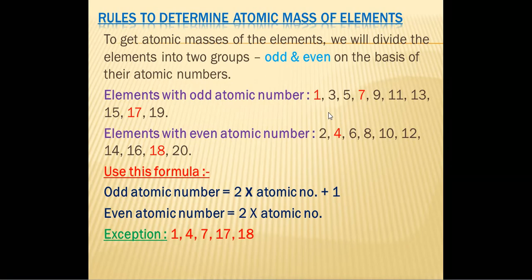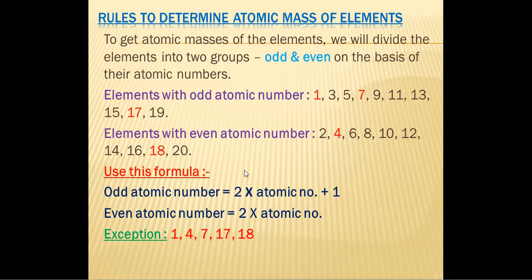Everything has some exception. Here also, for calculating the atomic mass, we have an exception for elements having atomic number 1, 7, 17, 4 and 18. For these elements we have a different rule. Otherwise, all the elements with odd atomic number will have the same rule, and the elements with even atomic number will have a different rule, but it will be the same for all the elements except 4 and 18.